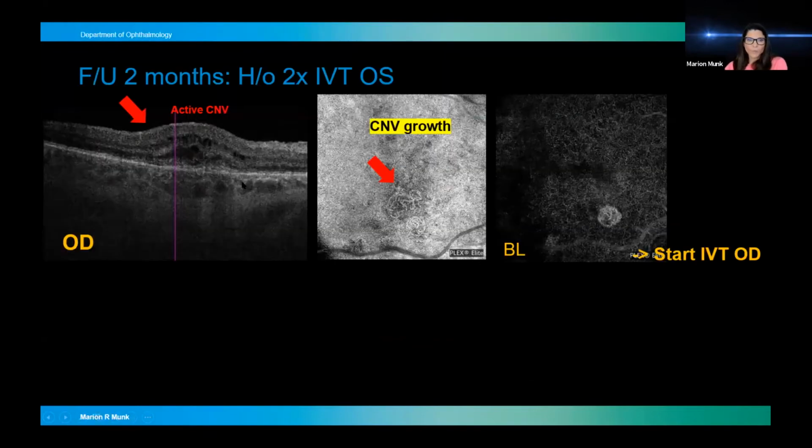So the patient was started on anti-VEGF treatment in the left eye, and then two months later, we saw that the patient also developed active CNV in the right eye. And now what you can see here, when you compare it to the baseline visit, is that the patient had shown a CNV growth, and due to that also an activity of the CNV. So the patient was also started on intravitreal treatments in the right eye.